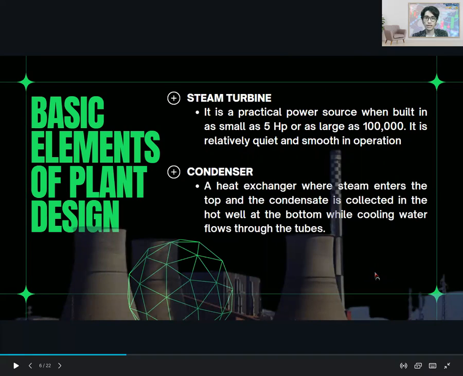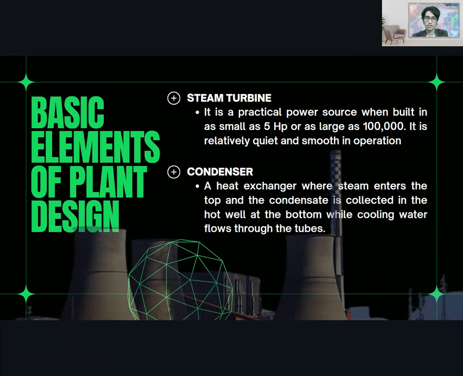What is the steam turbine? The steam turbine is a practical power source when built as small as 5 horsepower or as large as 100,000 horsepower. It is relatively quiet and smooth in operation. The condenser is a heat exchanger.